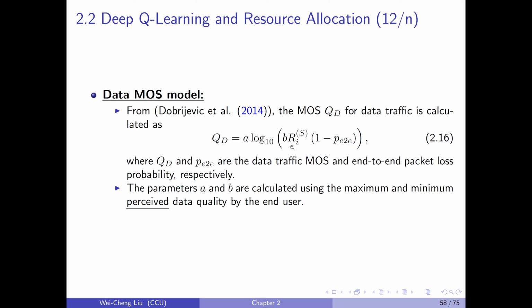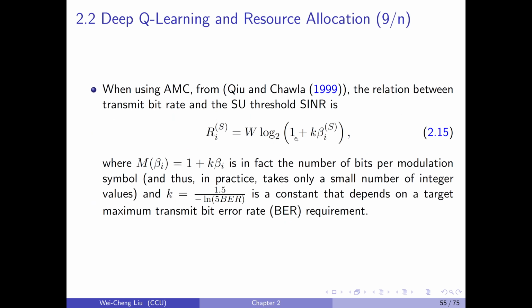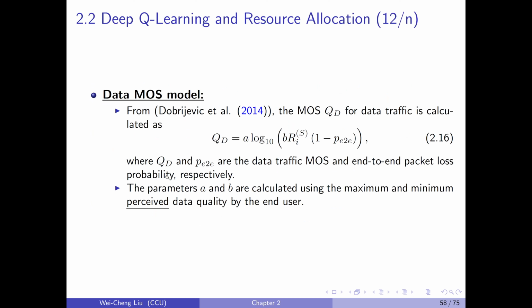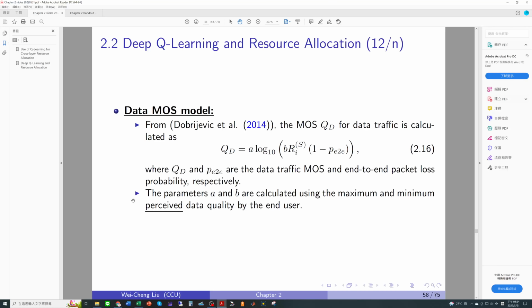And what is RIS? RIS is the transmit bit rate. The parameters A and B are calculated using the maximum and minimum perceived data quality by the end user. What is the meaning of the word perceived? Let us look at the handout.